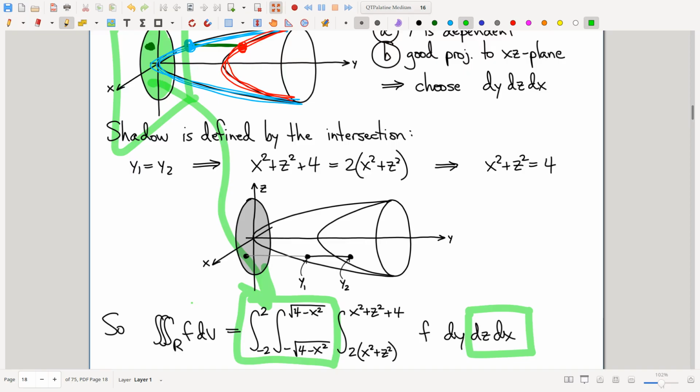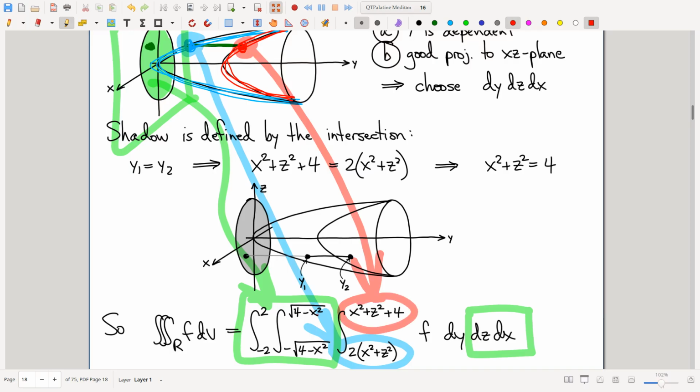We're looking at literally a disk in the XZ plane. Draw yourself a little disk in the XZ plane. It's two-dimensional analysis, and these are those bounds. And then the lower bound for y comes from that surface, and the upper bound for y comes from that other surface, as we've already established. So pretty easy to break down using projections.